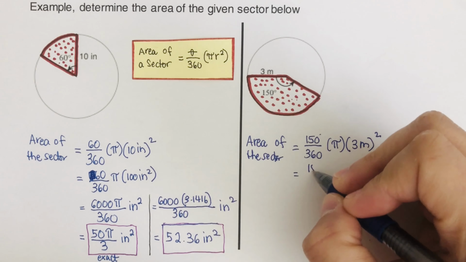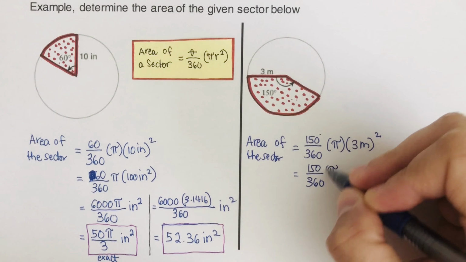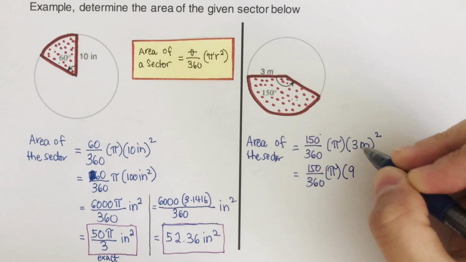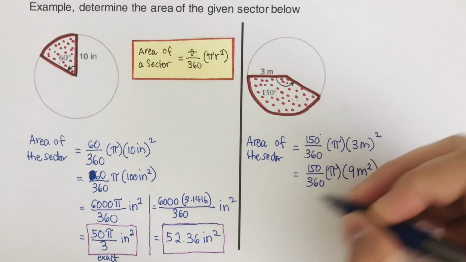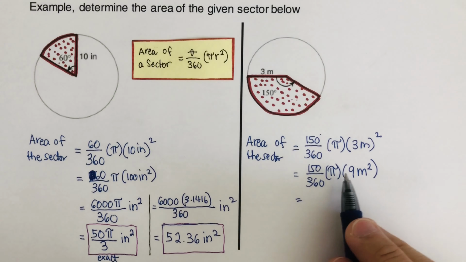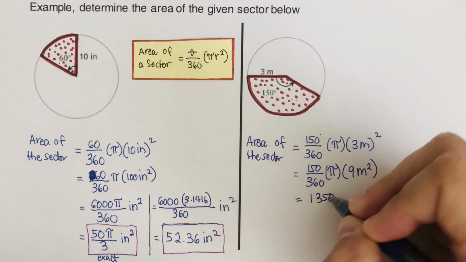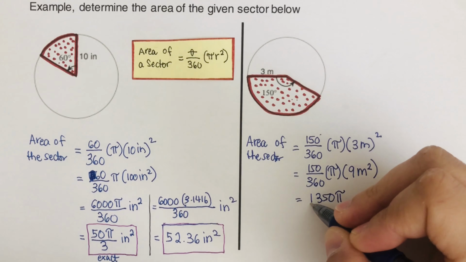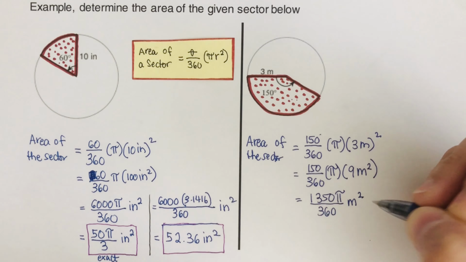So that would be 150 over 360, and then pi times 9, since 3 times 3 is 9. Meter times meter is meter squared. So 150 times 9 times pi would be 1,350 pi over 360, and the unit for this is meters squared.